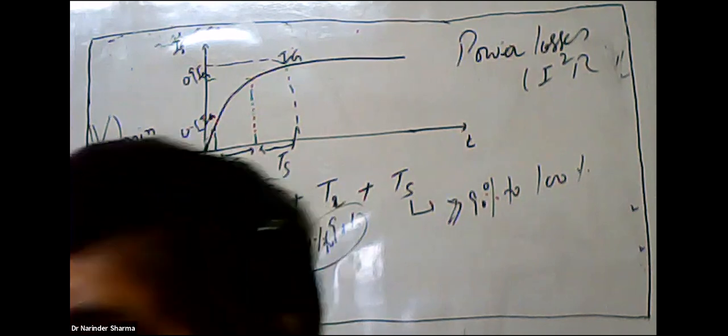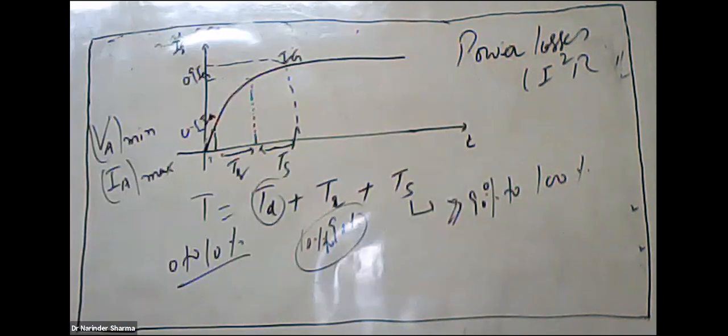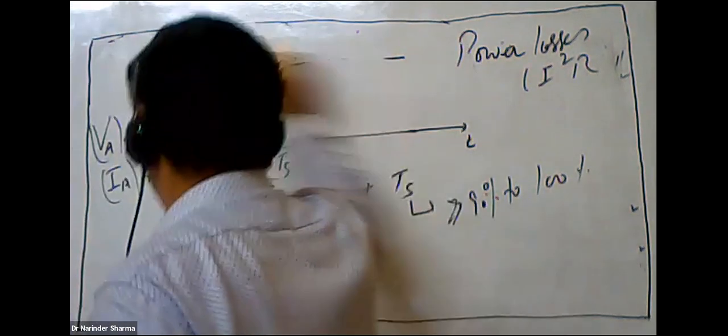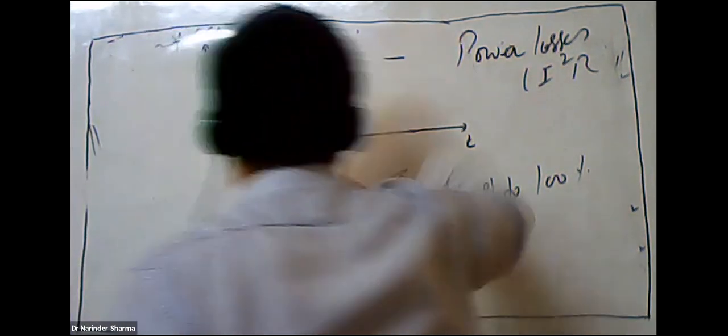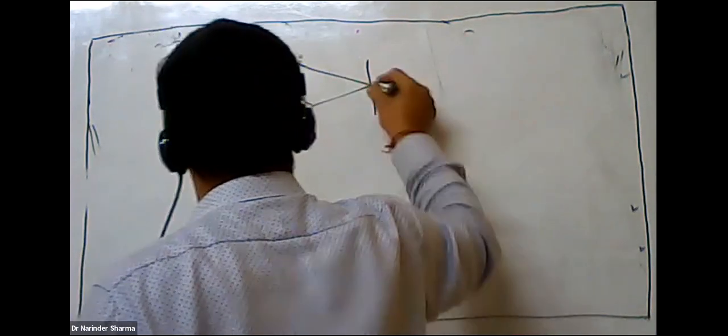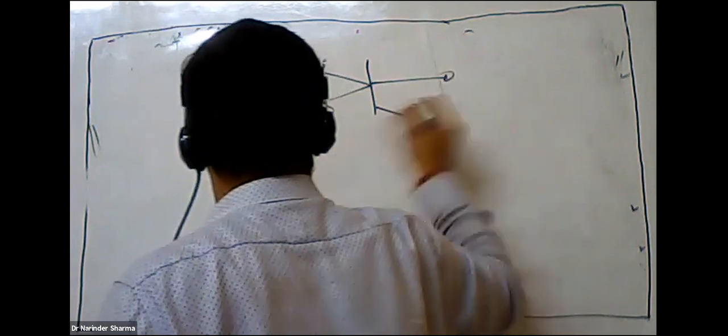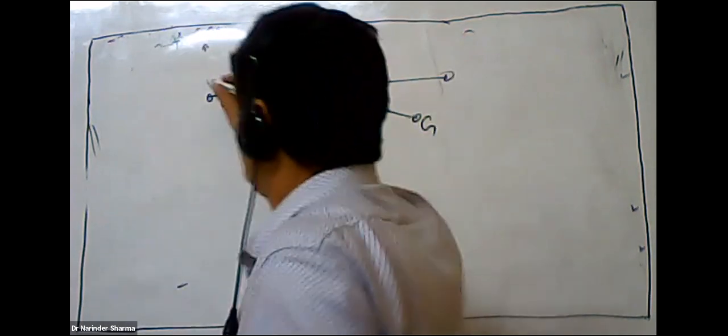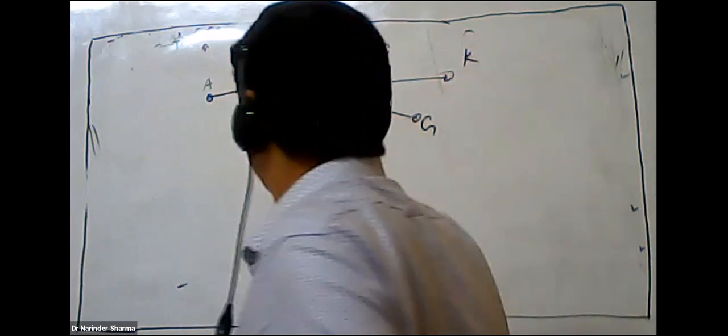Turn on time. A forward biased thyristor can be turned on by applying positive voltage between the gate and cathode terminal. This is the symbol of SCR: gate, anode, cathode.